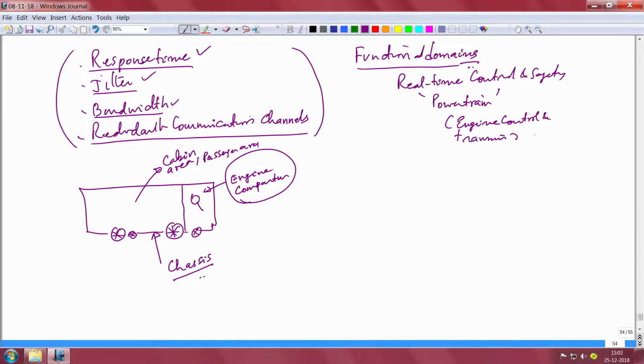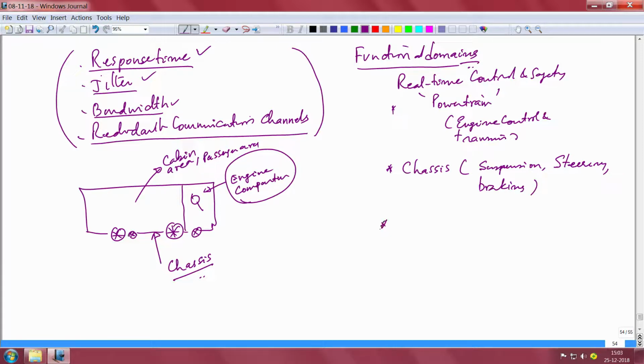Real time control and safety, right. Next will be the chassis, which I showed you here. When you say chassis, you are talking about suspensions, you are talking about steering, you are talking about braking. All of this will become another domain.